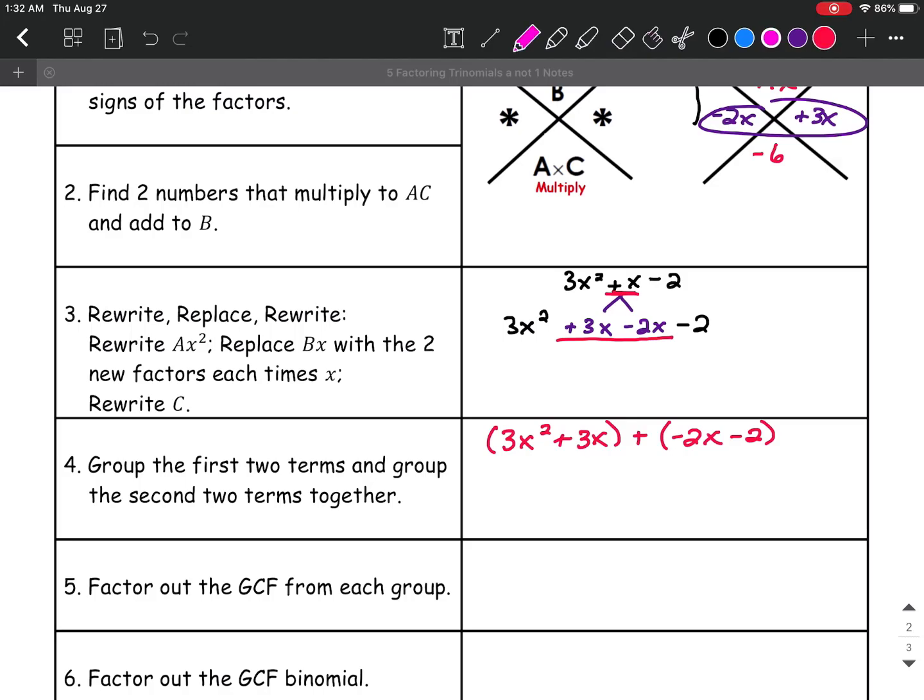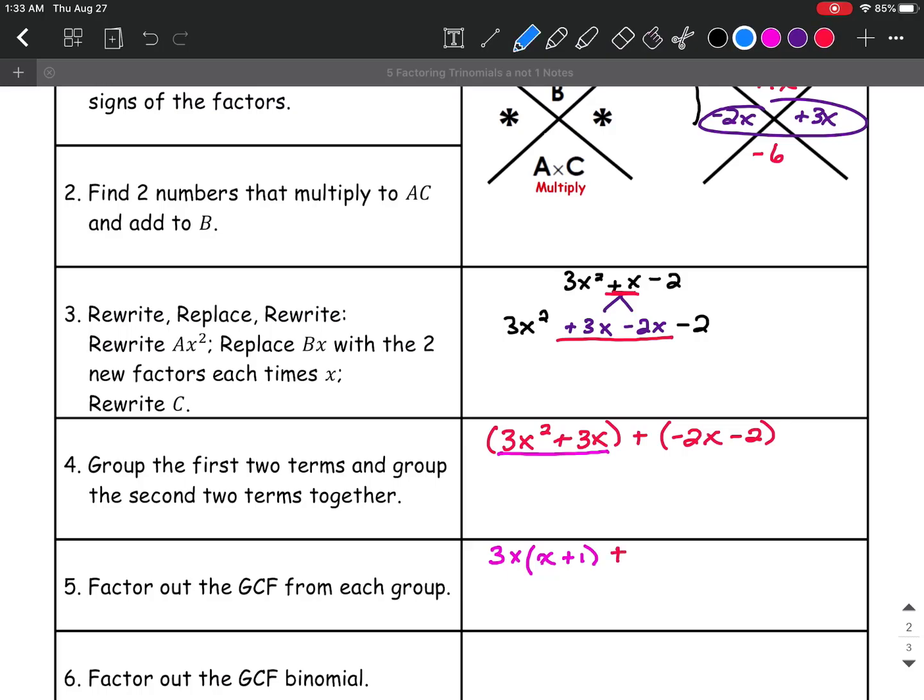What do 3x squared and 3x have in common? They have a 3 in common. They also have an x in common. Now, if I divide out that 3x, that's going to leave me with an x, and 3x divided by 3x is plus 1. I'm going to keep that plus.